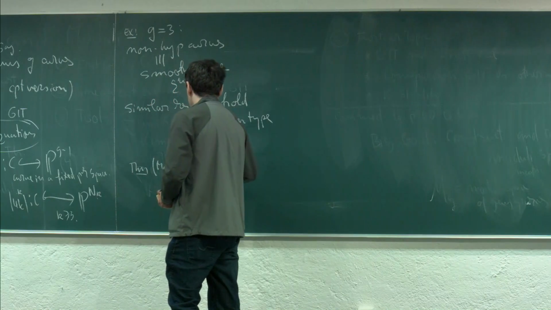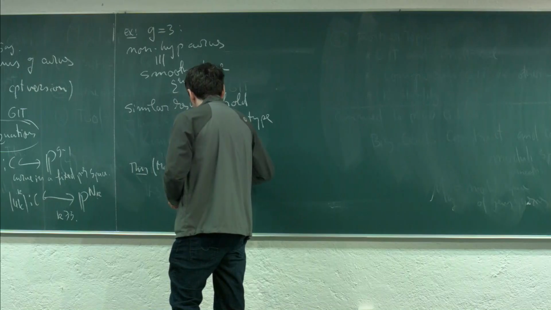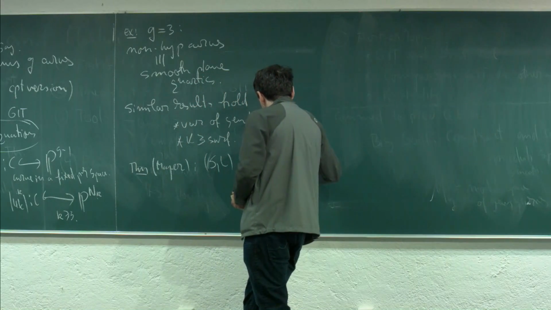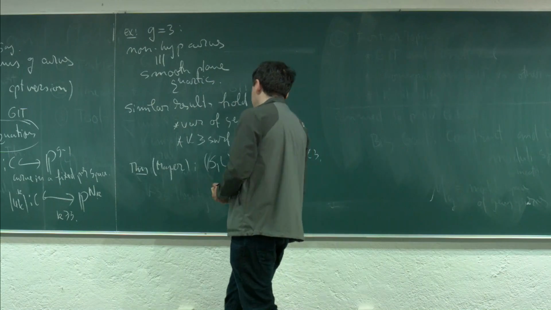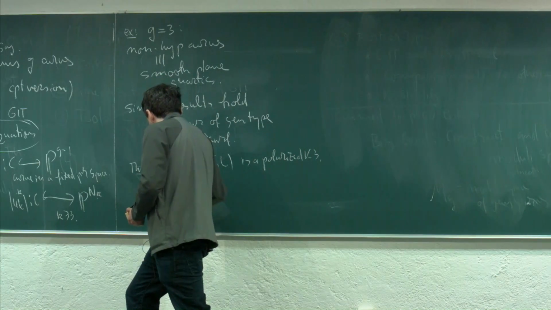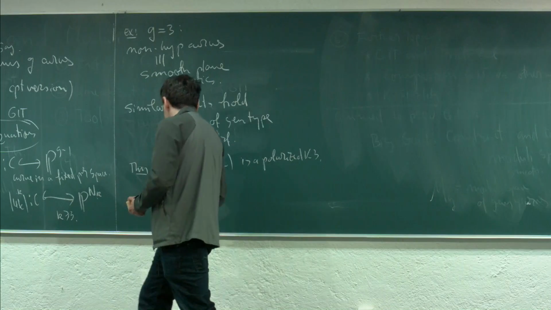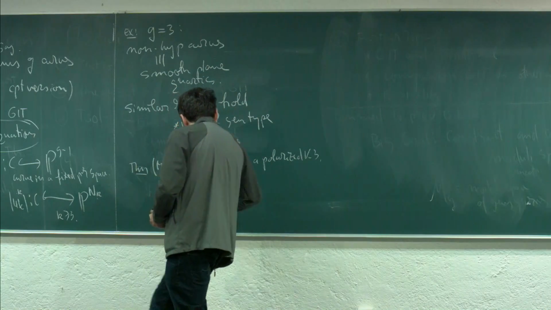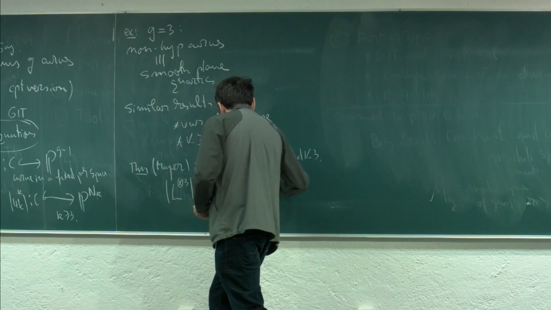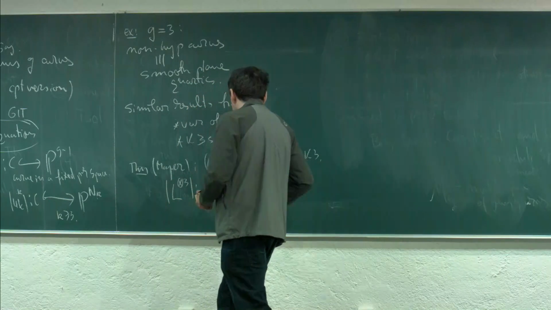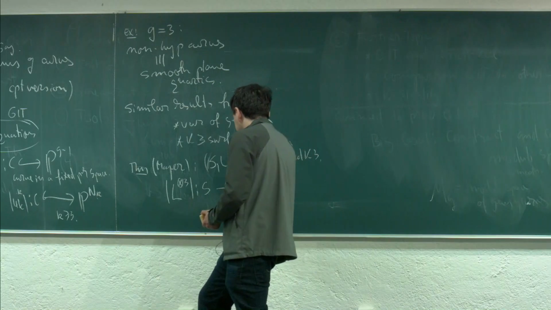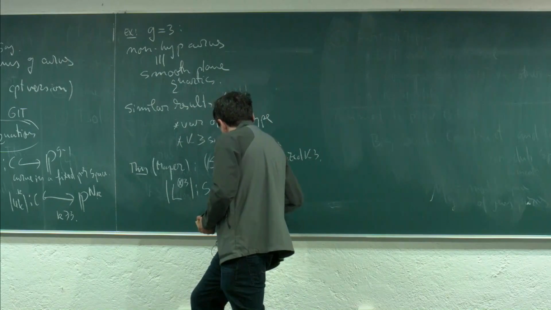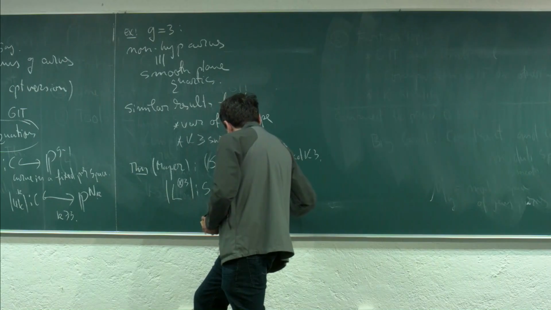It says that if (S, L) is a polarized K-trivial surface, then the third power of the line bundle always defines a birational map to a fixed P^n, with ADE singularities.